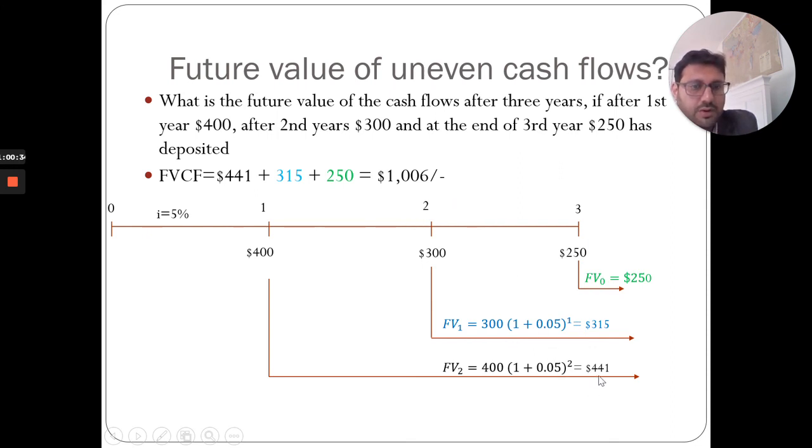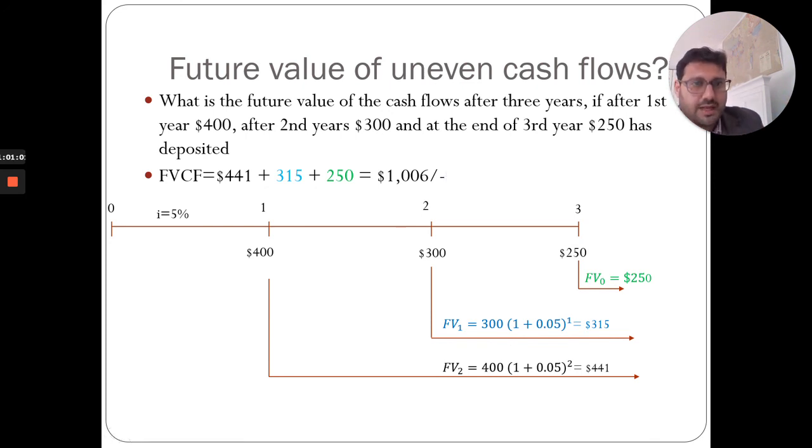So you'll get 441, then 300 will grow by 1 time period, which is 315, and the third will not grow at all, because as soon as you deposit it you are asking for the balance, so it is 250. Now you add all of them, you get $1,006, right? Now there is no generic formula for this.